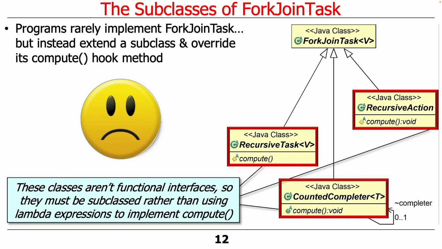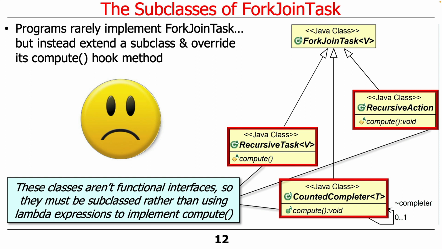Now, the thing to keep track of here, because it's kind of annoying at some level, is that this whole framework was developed in the Java 7 timeframe, which was 2010. That's before the architects and developers of Java had this wonderful epiphany and realized that functional programming could simplify a lot of aspects of doing software development in general, and in particular for parallel and asynchronous programming. And so as a result, what you get here are subclasses that aren't based on functional interfaces, even though they only have one method called compute.